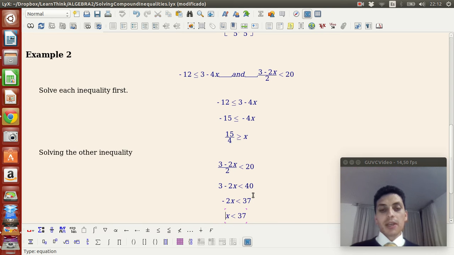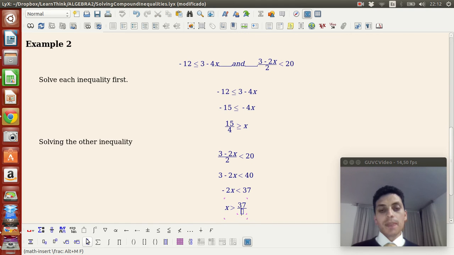If I divide by -2, I simplify it here, but I have to change direction. It will be greater than 37 divided by -2, negative sign here, so it will be positive, 37 divided by -2 is minus 37 halves.